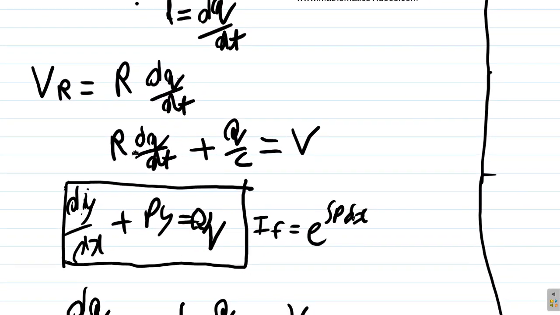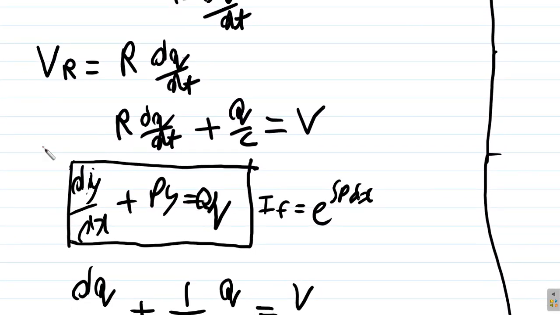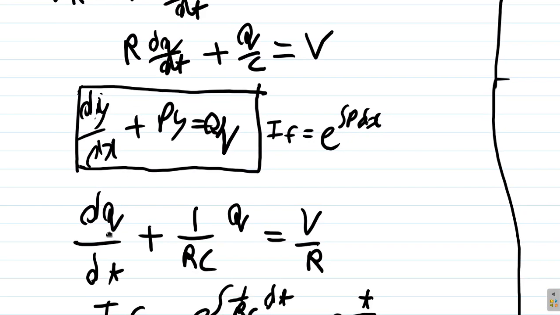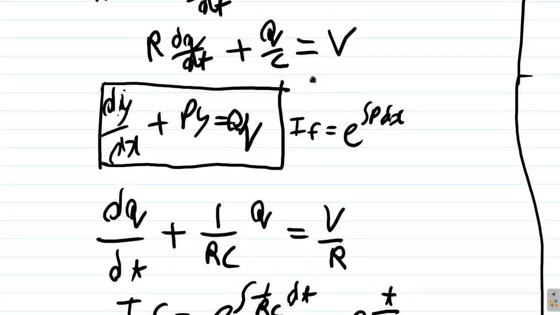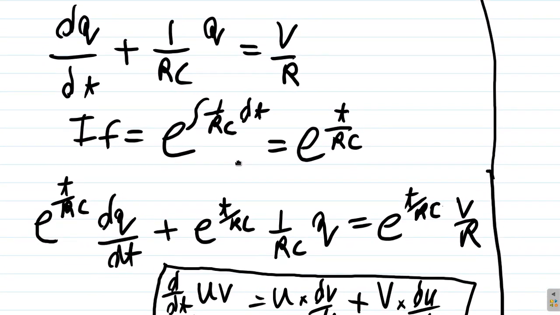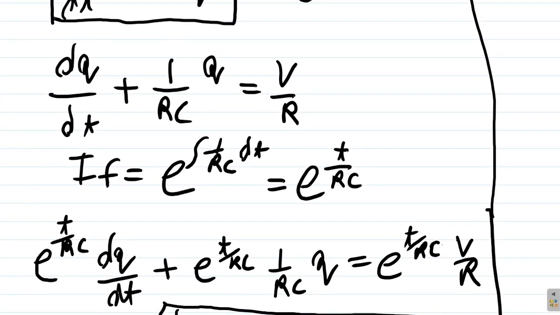So we put them together, and we divide by R to make it look like dy by dx plus py equals q, which you'll be familiar with. So dividing by R, we have dq by dt plus 1 over RC times q equals V over R. Now the integrating factor is e to the integral of 1 over RC dt, which when you integrate 1 over RC with respect to t, you get t divided by RC.